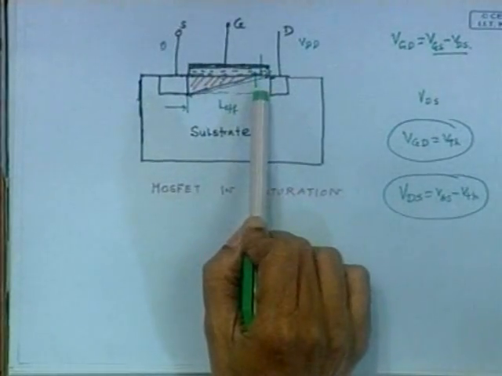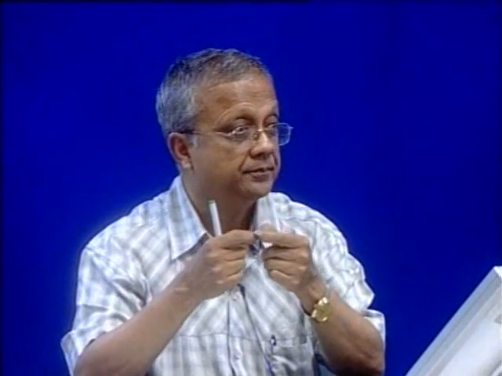We have already reduced it to below 0.1 micron. Now as you go on decreasing the length, the electric field in this channel goes on increasing, because you have the same potential VDS. As the length decreases, the electric field in this channel will be larger.